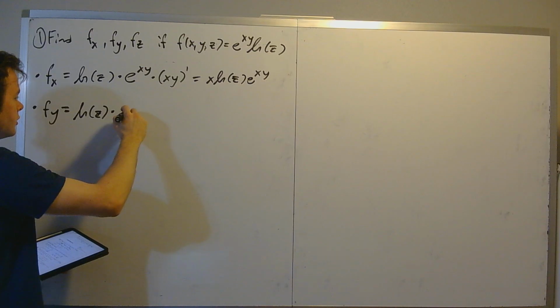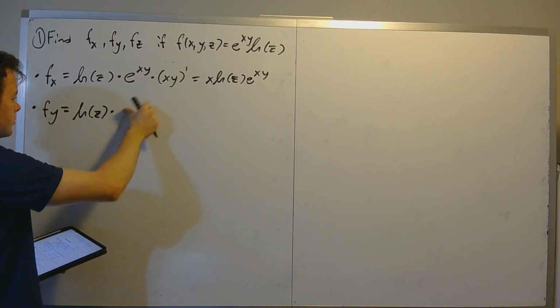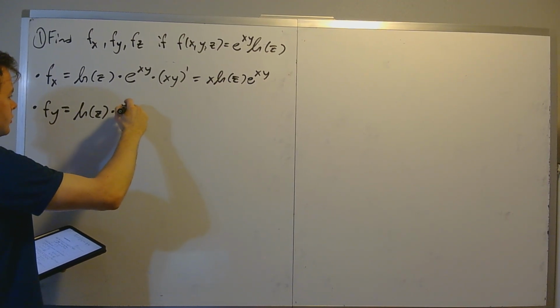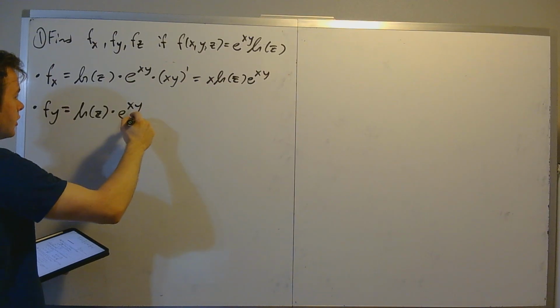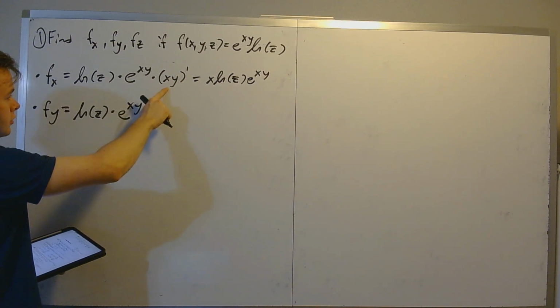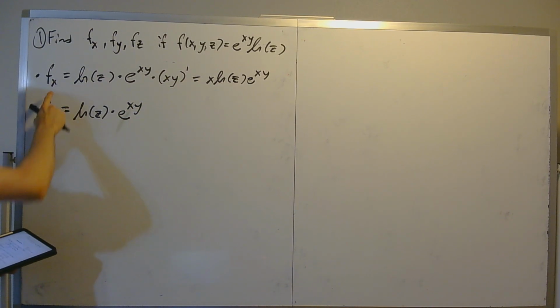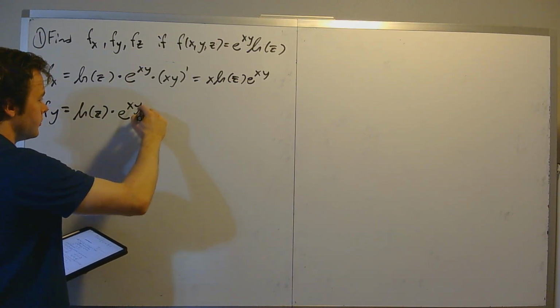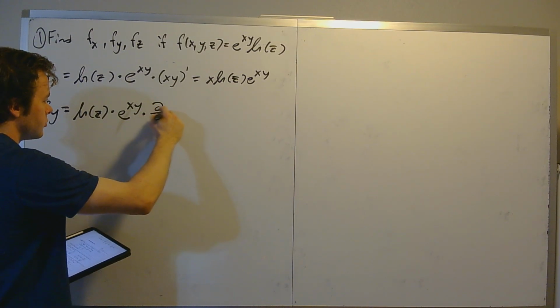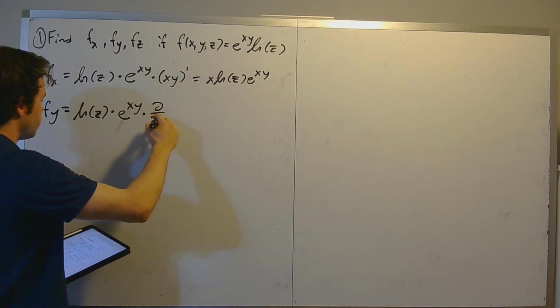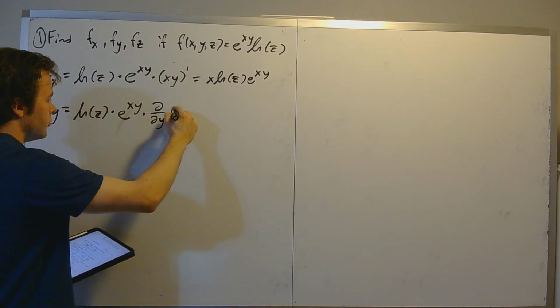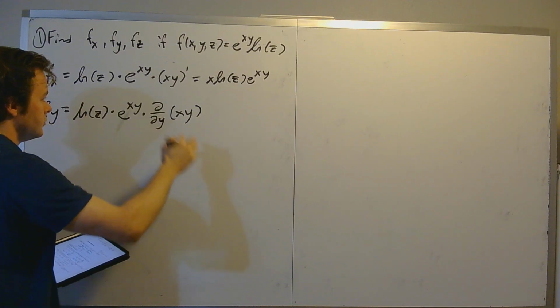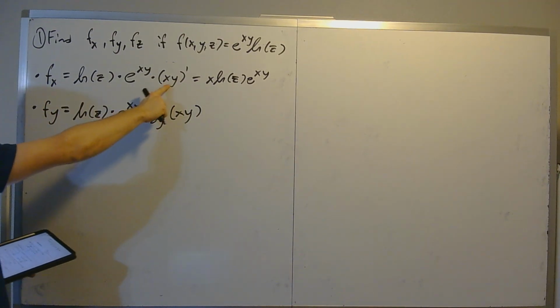So it's e to the xy times the derivative with respect to y of xy.